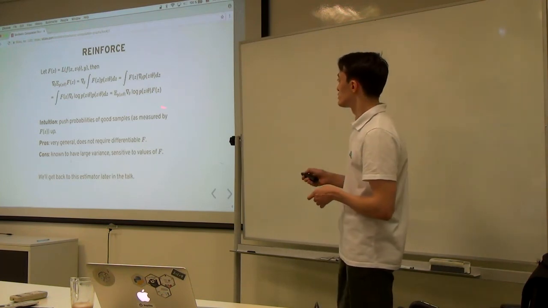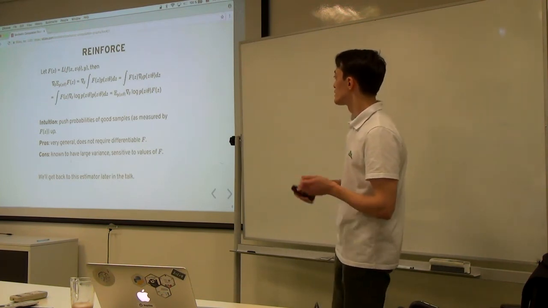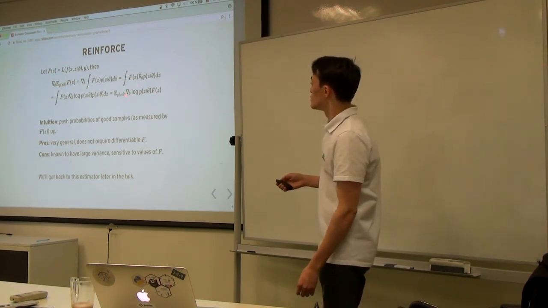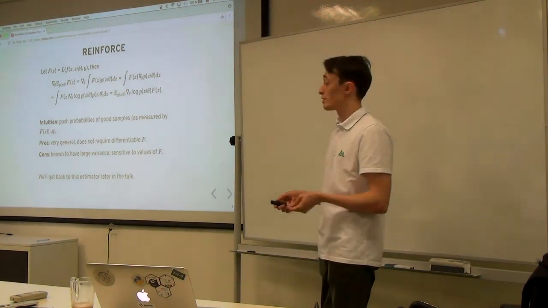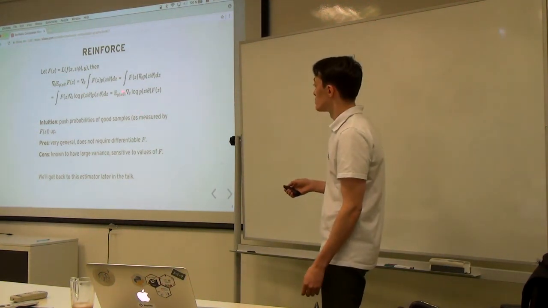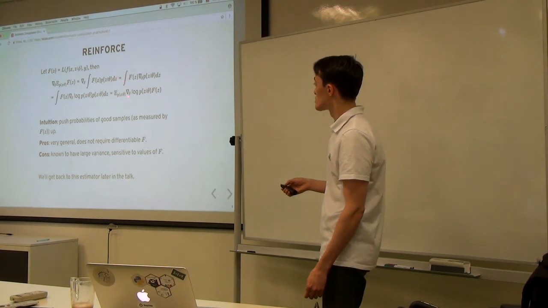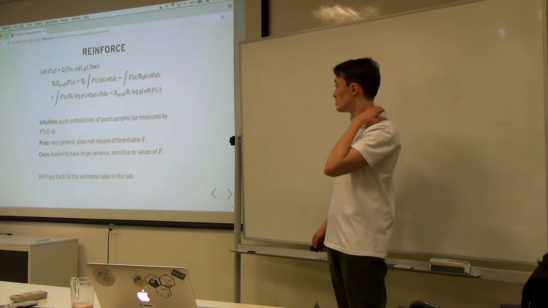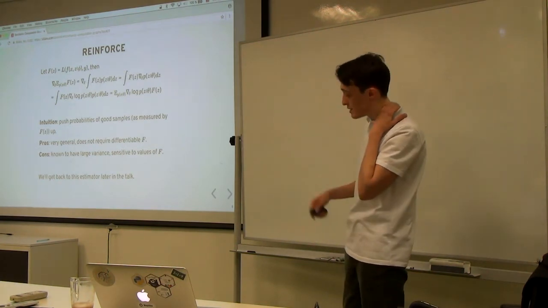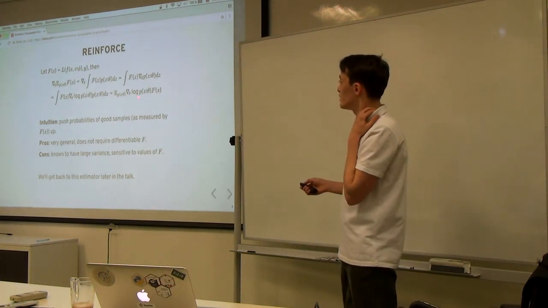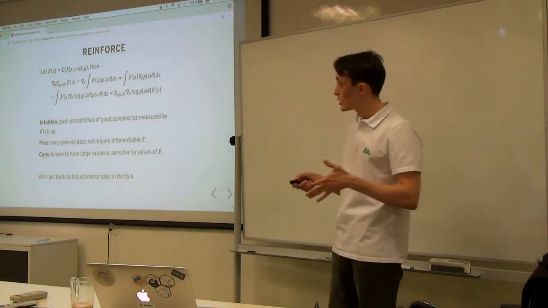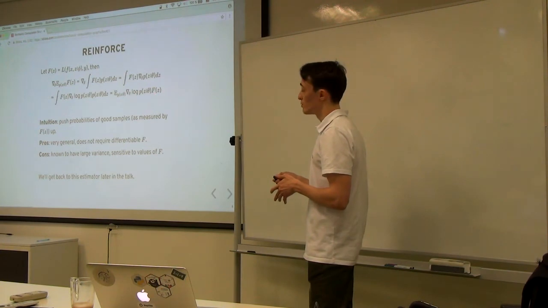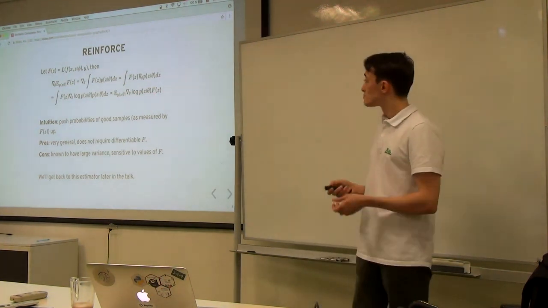If you look closely at it, then the intuition becomes pretty clear. When you want to actually use this gradient estimator, you just sample z from this distribution and use this quantity as a Monte Carlo approximation. So the intuition is actually pretty easy. First, you can see that the only thing that determines the direction of your gradient is this gradient term, because f of z is a scalar.